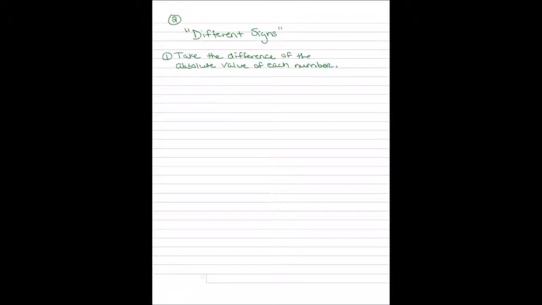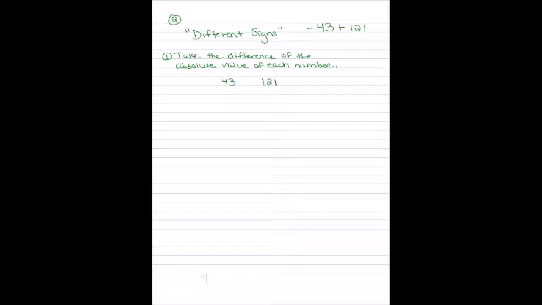So let me put an example up. Let's say if I have negative 43 plus 121. Just picking it. So the absolute value of each one of these numbers, absolute value of negative 43 is 43. The absolute value of 121 is 121.